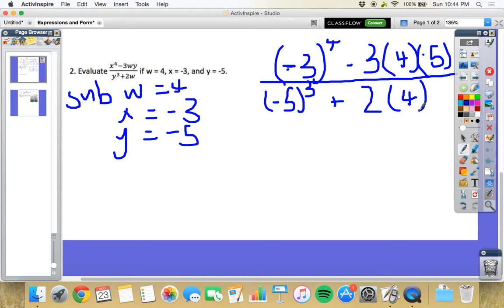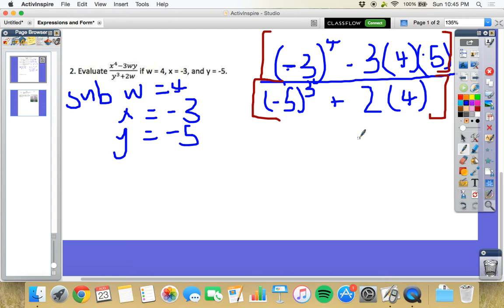When you have an expression that's a really large fraction like this one, it's implied, in fact, that the entire numerator and the entire denominator are inside a large set of brackets. So what this means is you evaluate the numerator and the denominator separately, and the last thing you'll do is divide. So we'll start by using the order of operations inside the numerator and then separately inside the denominator.